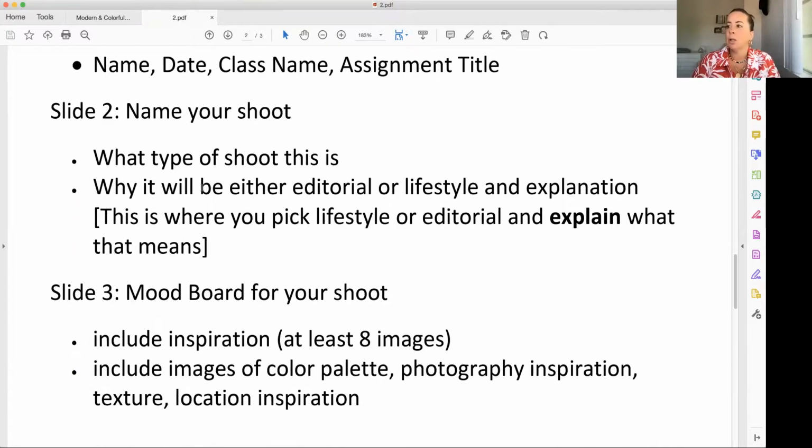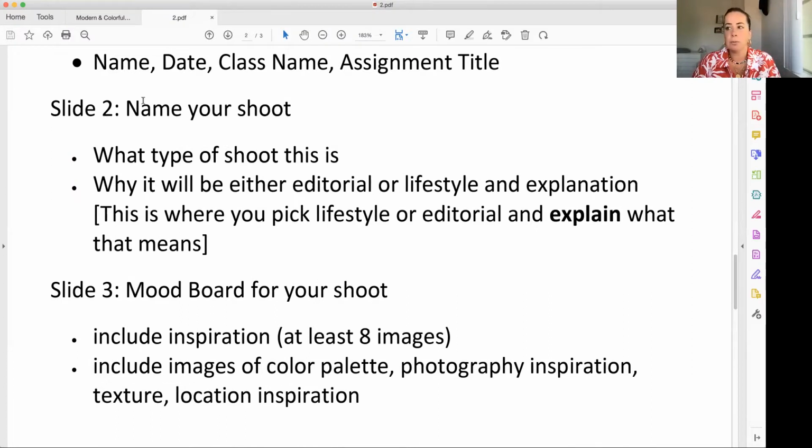Slide 2, you should name your shoot. Okay, give your shoot a name. Concrete Jungle, Wild Wild West, whatever creative name you can come up with that goes with your concept. This is where you're going to do it. You're also going to tell us what kind of shoot this is. Is it editorial or is it commercial/lifestyle? So you're going to choose which one it is.